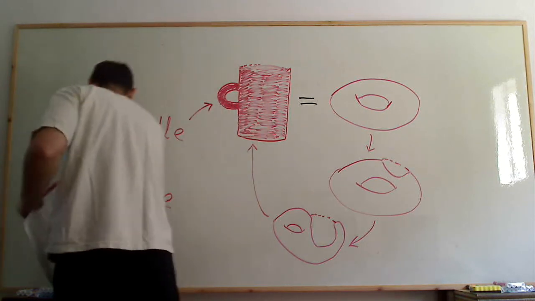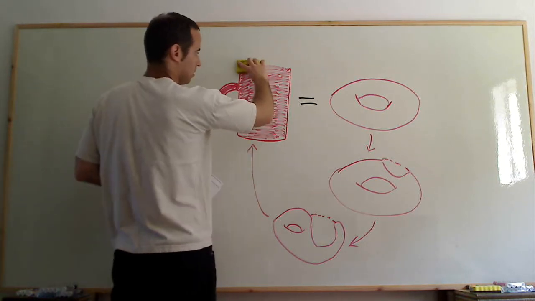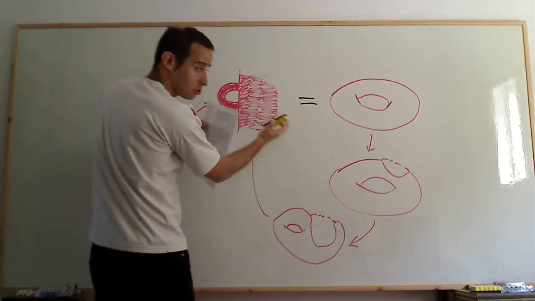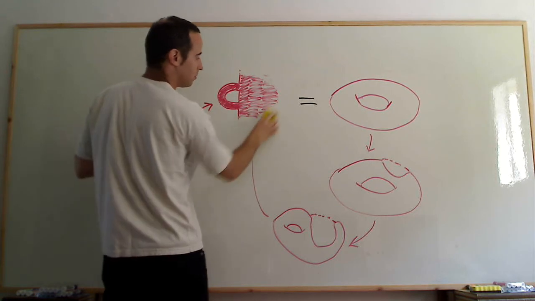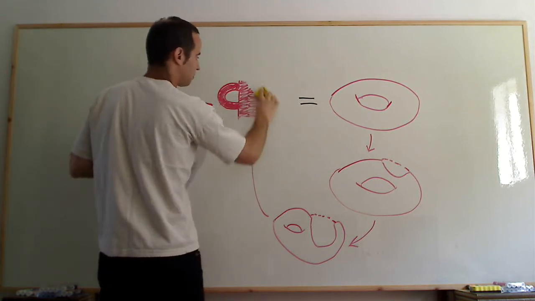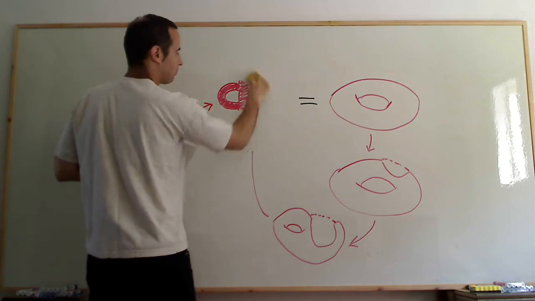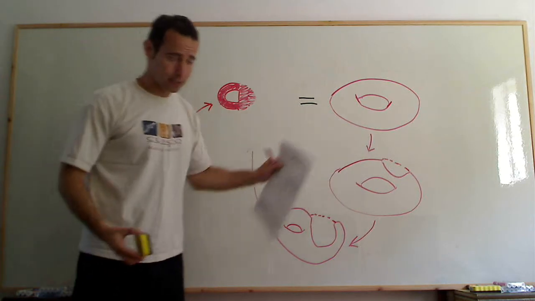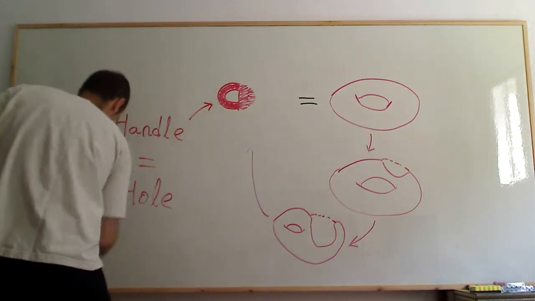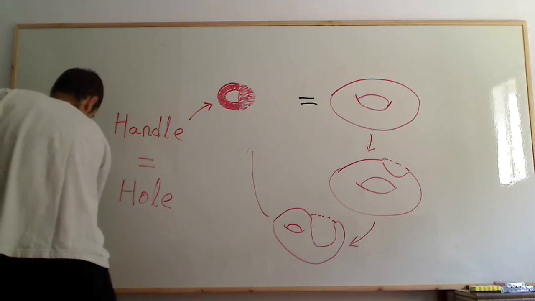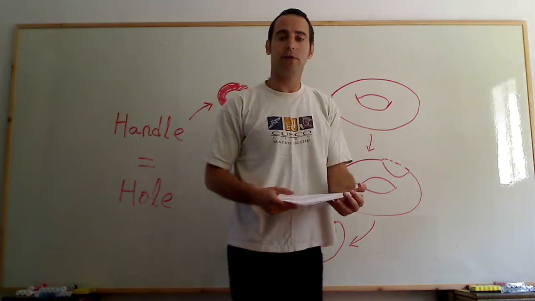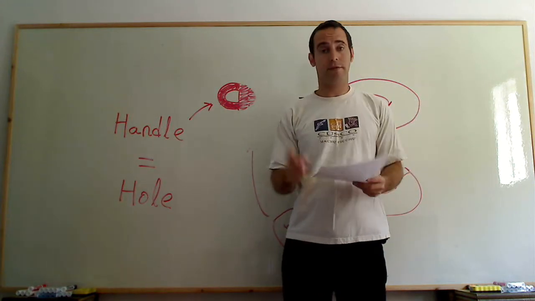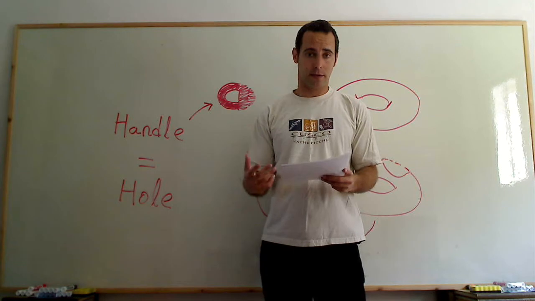So eventually we can compress this shape and push it without making holes, until we are left with a donut. Okay? So you can see it's the same shape. The cup and the donut, from topology's point of view, are the same shape. Okay? Because they both have one hole. And this is what is important.